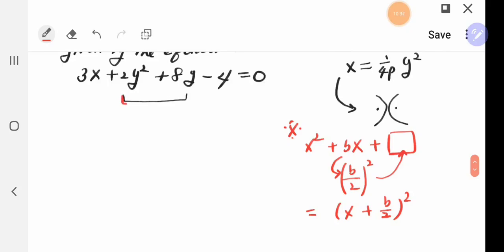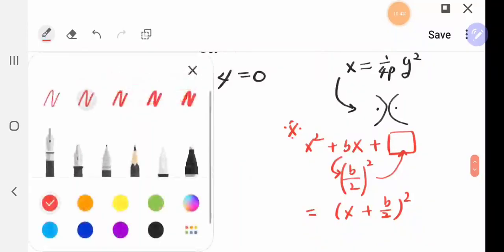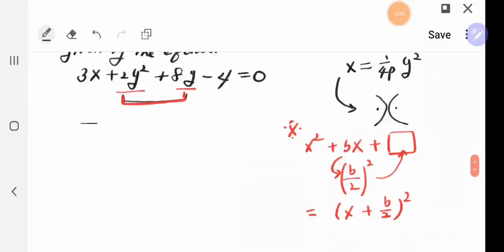So we have a y squared and a y, so we need these two terms. Let's make it 2y squared. Let's rearrange it: 2y squared plus 8y is equal to, moving the other terms, negative 3x, and minus 4 moves to the right, so plus 4.